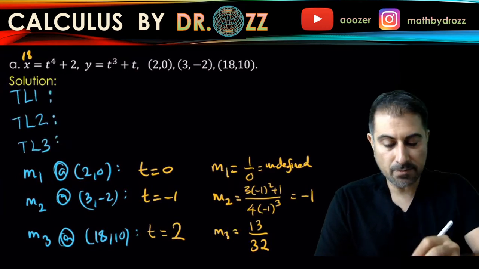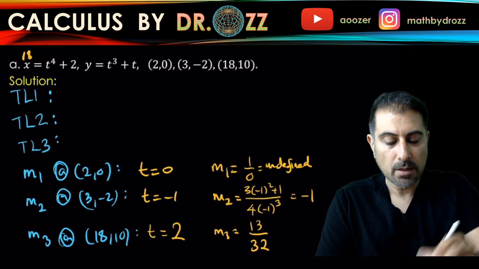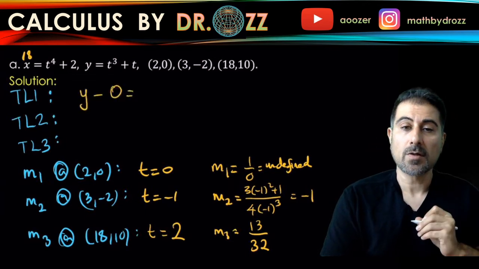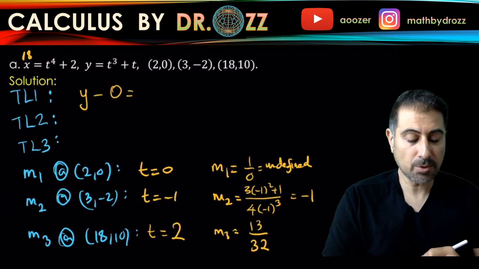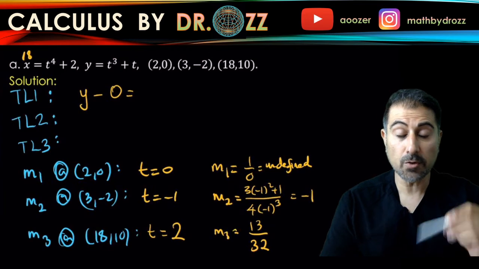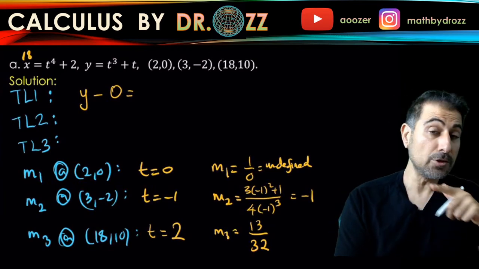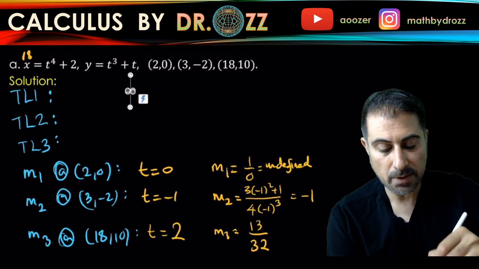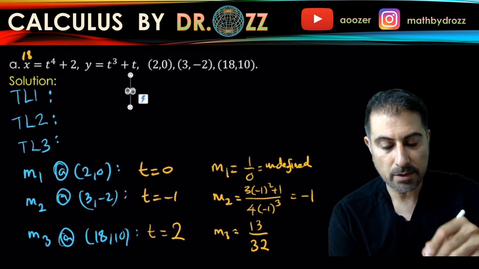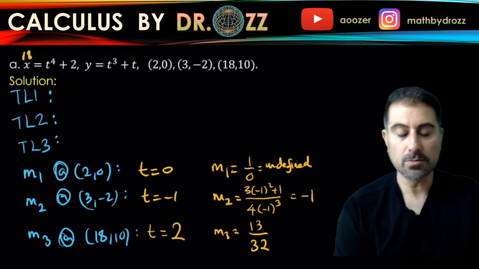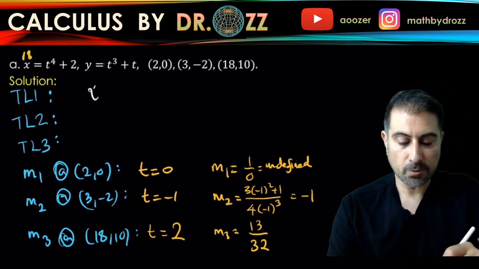So I'm going to write y minus the y coordinate equals m1 times x minus the x coordinate. But since m1 is undefined, I don't have the regular point slope form. In fact, I do have the vertical tangent line, right? And the vertical tangent line should be the x coordinate of that point. So here we go. x equals 2 is the equation of the vertical tangent line.